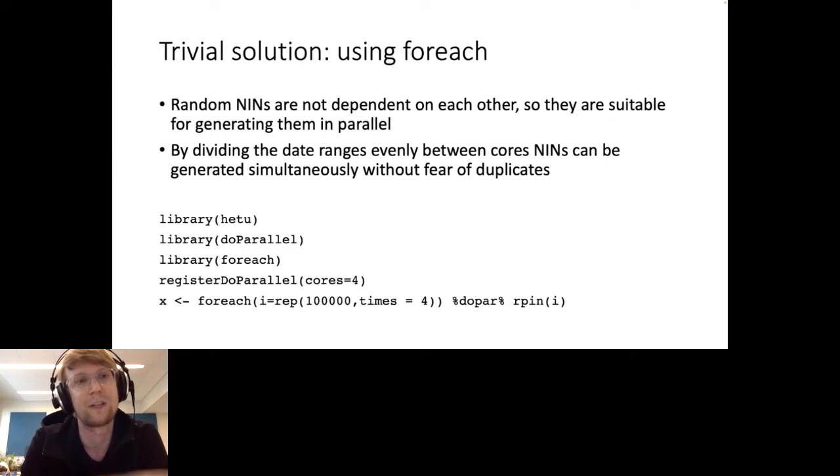Here is a very trivial solution to this problem, just simply using foreach. And if the problem was more complicated, we would have to use, of course, more complicated solving methods. But in this case, this is sufficient.